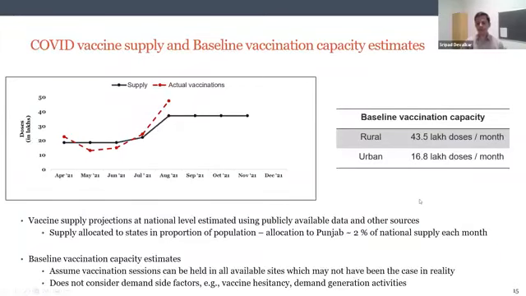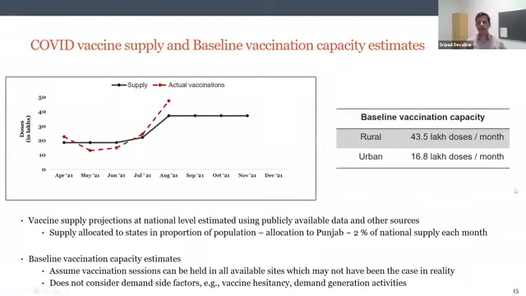What this slide also shows is, given how the various supply chain resources are currently deployed across the state of Punjab, across all the districts, across rural and urban CCPs, interestingly, the capacity in rural areas is quite large. So if supply was not a constraint, using the resources currently deployed in rural areas, one could potentially administer up to 45 lakh doses each month in Punjab.